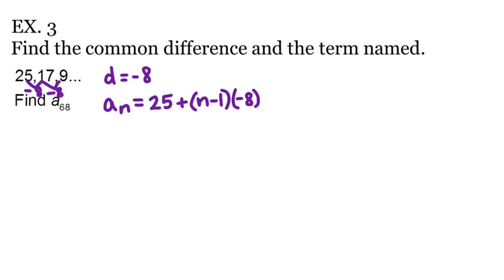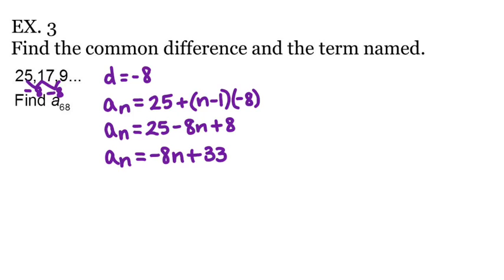So we're going to simplify this, and then I'm trying to find the 68th term in the sequence, so I would plug in 68 for n. If I distribute the negative 8, that would give me 25 minus 8n plus 8. Then if I combine like terms, a sub n would equal negative 8n plus 33.